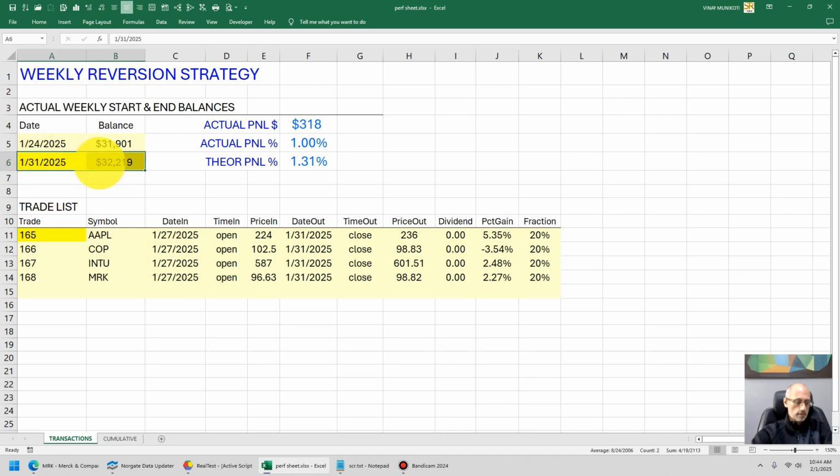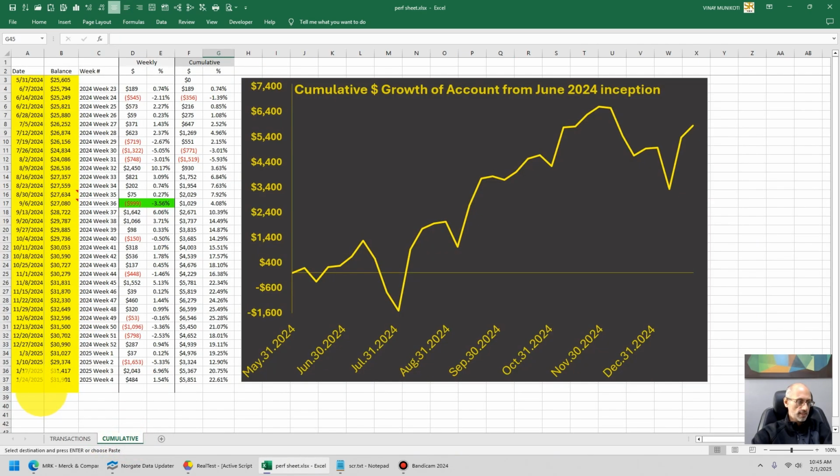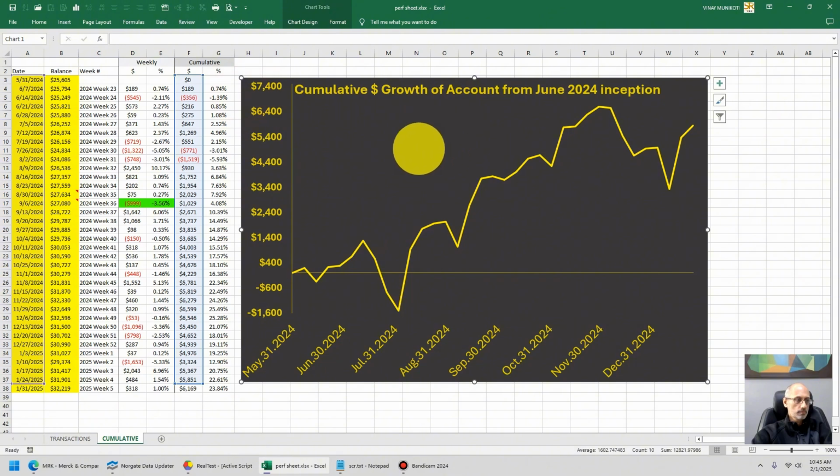Now let's input the balance into the cumulative tab. So including last week's gain of $318, my running total profit since going live in June of 2024 is now around $6,200.